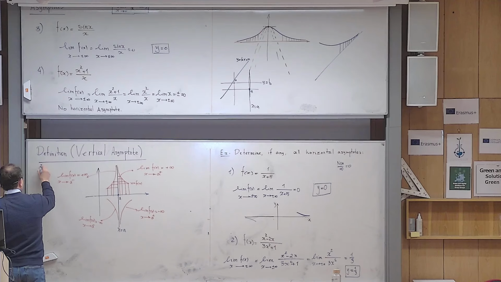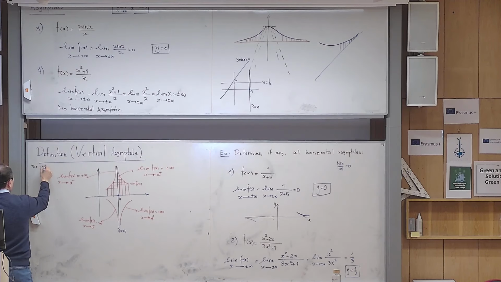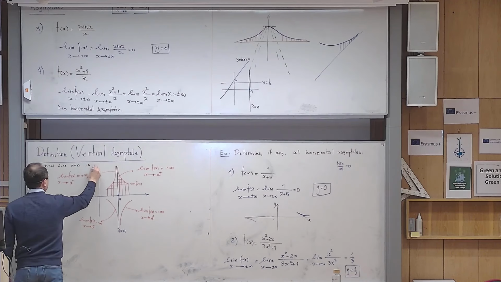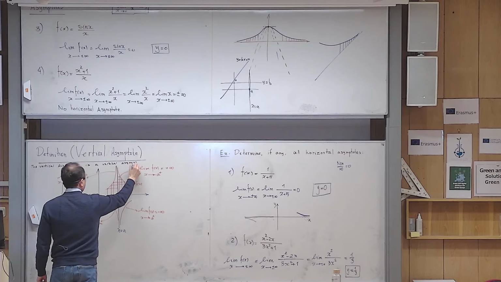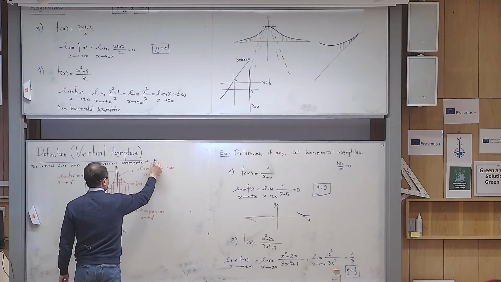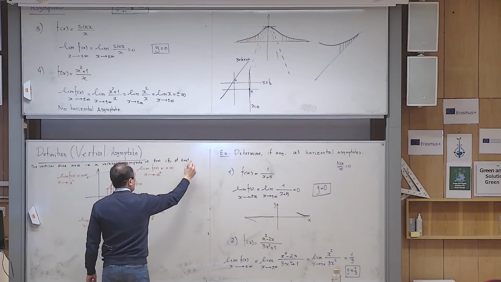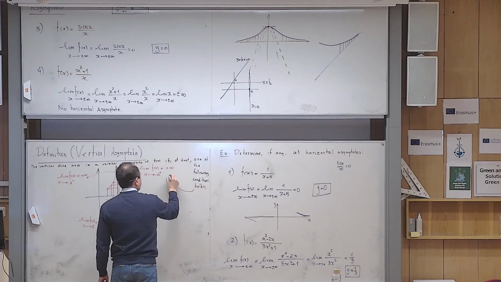So x equals A, the line, so let me write: the vertical line x equals A is a vertical asymptote of f of x if at least one of the following conditions holds. Yes, and these are the conditions.